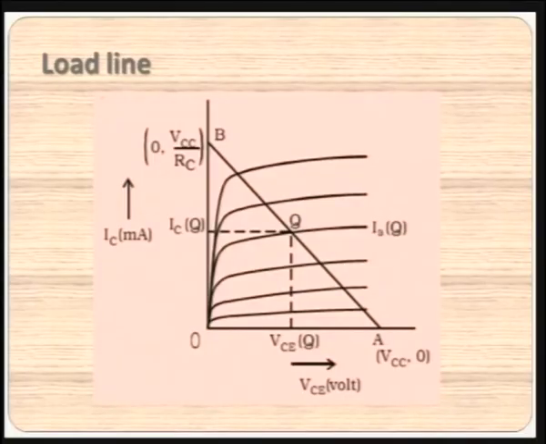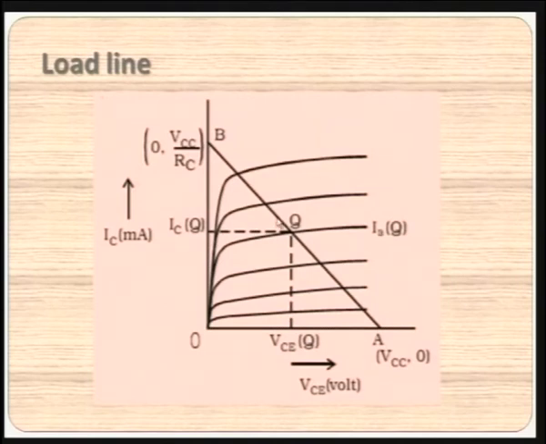Let us have a look at the operating point in the output characteristics curve and try to see how the VCEQ and ICQ are marked.